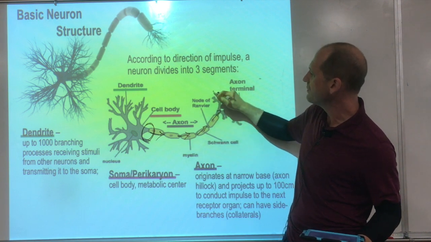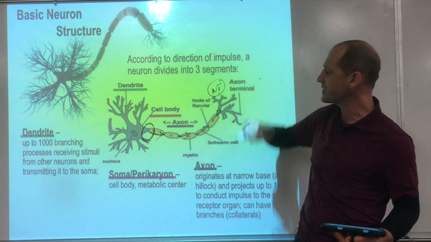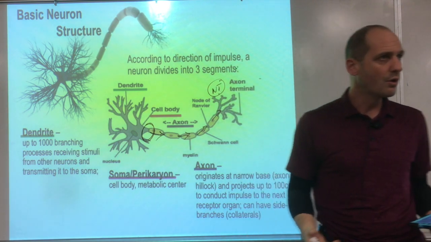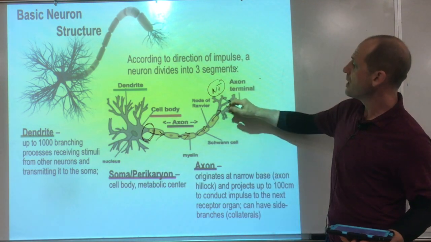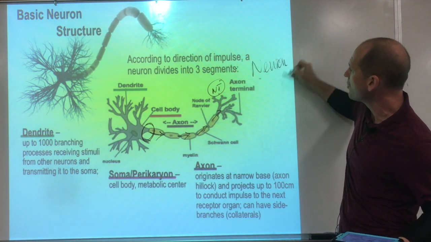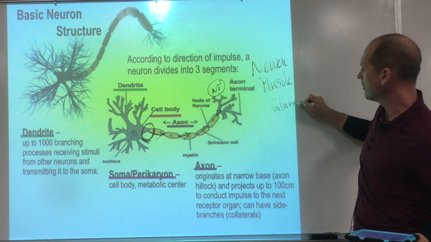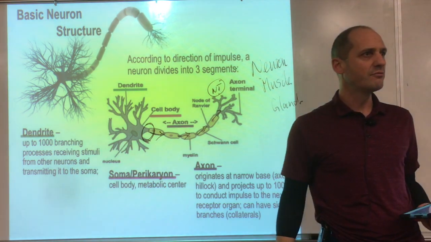At the extension we release a chemical, a neurotransmitter, that goes to the next nerve, to a muscle, or to a gland. So after a nerve, all we have is a neuron, a muscle, or a gland. I think that's very important because that makes it finite.